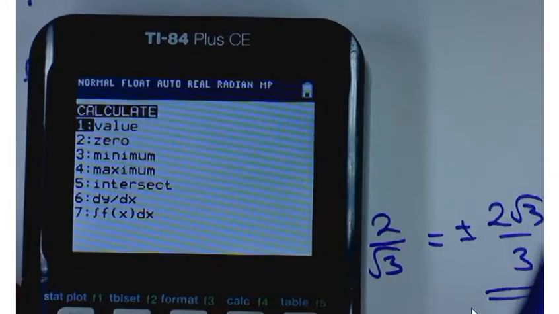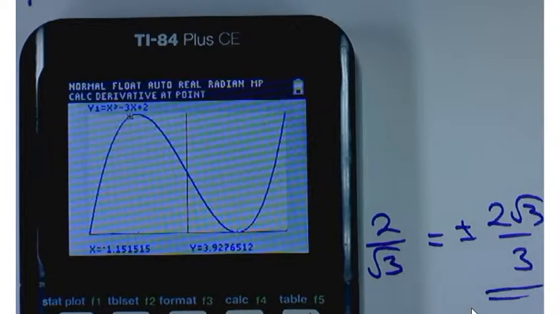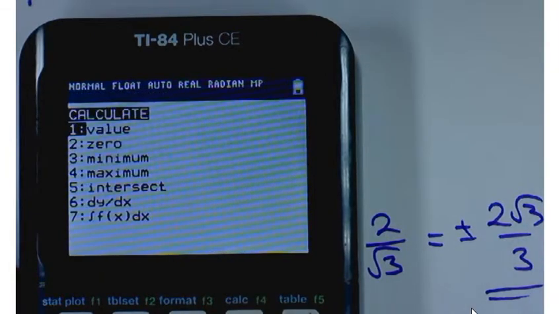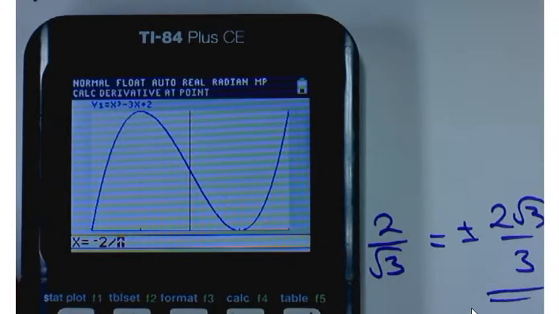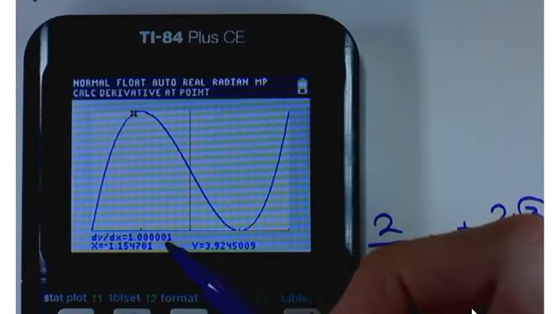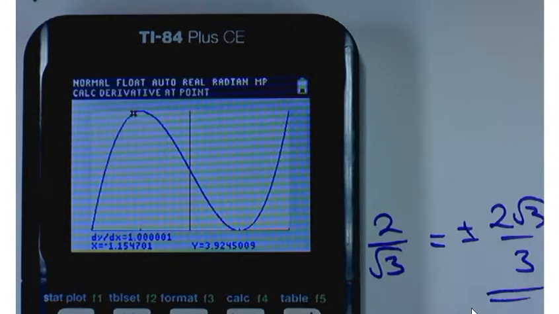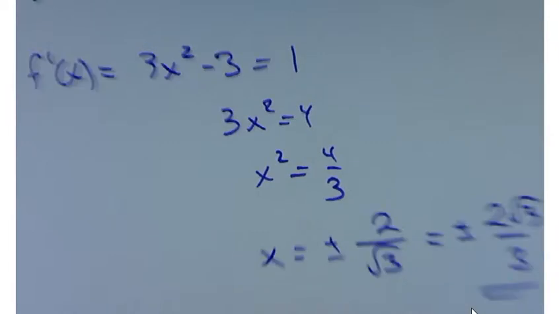If I want to do the derivative thing, let's go back here. dy by dx tells you the slope of the tangent line, and I should be close enough. I should about get it. No, I guess I wasn't. Slope of the tangent line at -2 divided by the square root of 3. Yeah. So the reason you're not getting a perfect slope of 1 is because it has to do it numerically as opposed to what we do algebraically, but it does verify that. So looking good there.